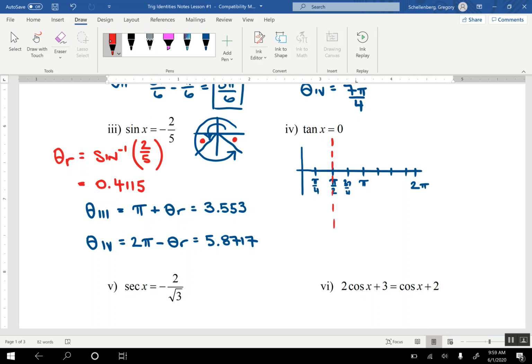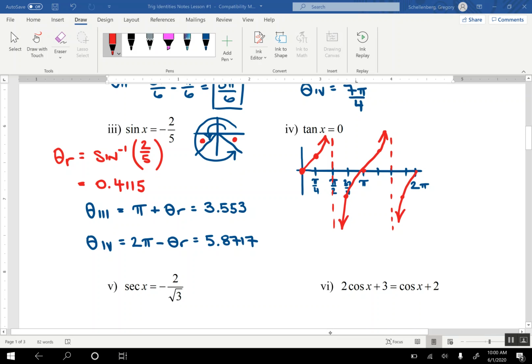We've got another vertical asymptote at 3 pi over 2, which is going to be right here. Okay, we start at a midpoint, we increase to begin. So we've got something like that. So there is our basic tan function between 0 and 2 pi.